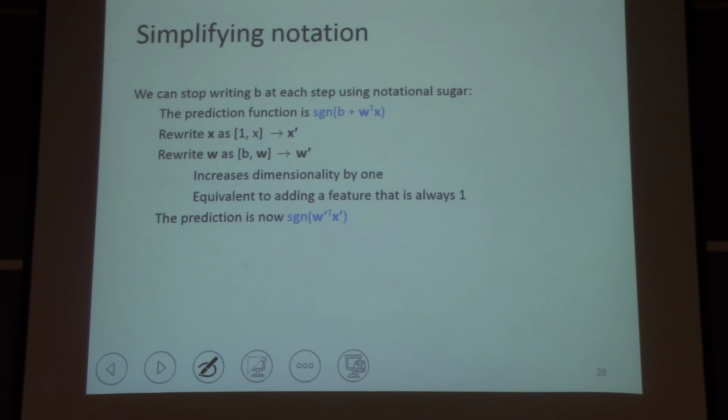What this effectively does is it increases dimensionality by 1, adds a feature whose value is always 1, and now the prediction is just the sign of w prime, which is w comma b, transpose x, which is x comma 1.